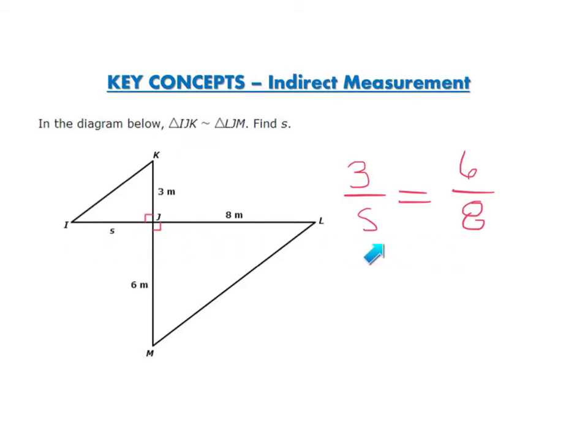They both need to go either both on the top or both on the bottom. So when I cross multiply 3 times 8, which is 24, and divide it by 6, S equals 4. And it would make sense because it needs to be smaller than 8.